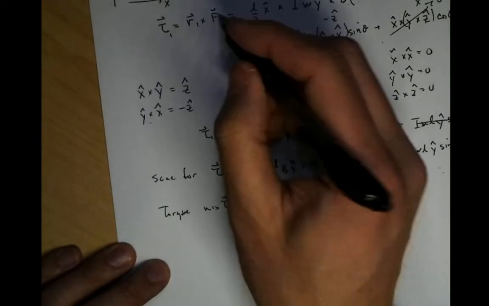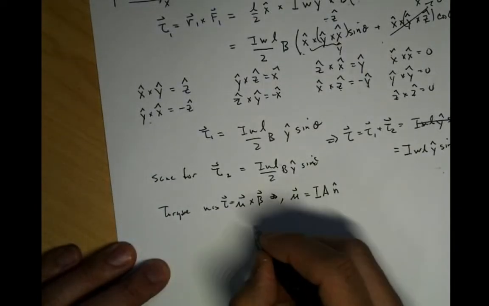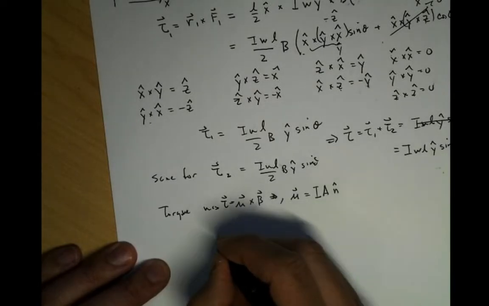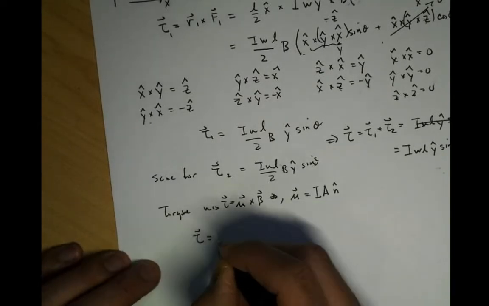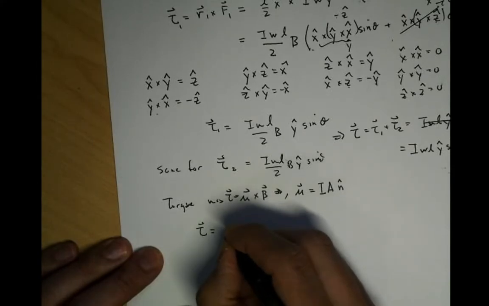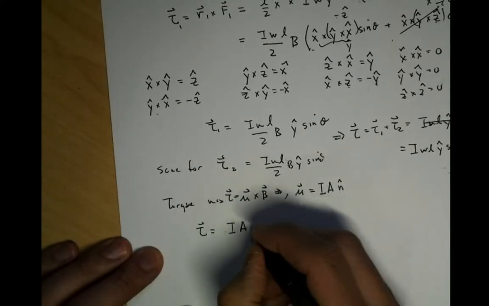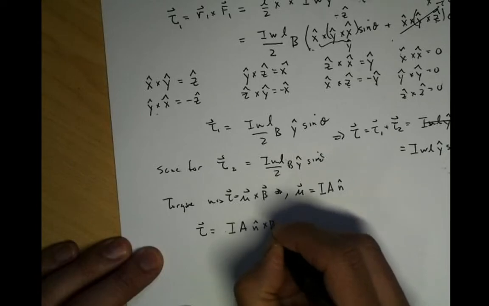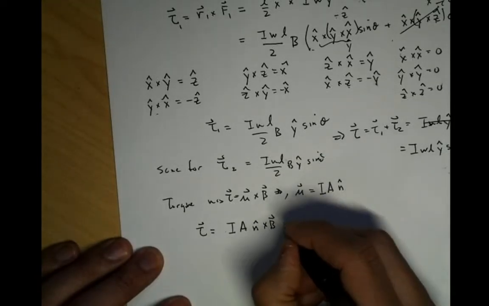And so tau is equal to I times A n hat cross B, okay?